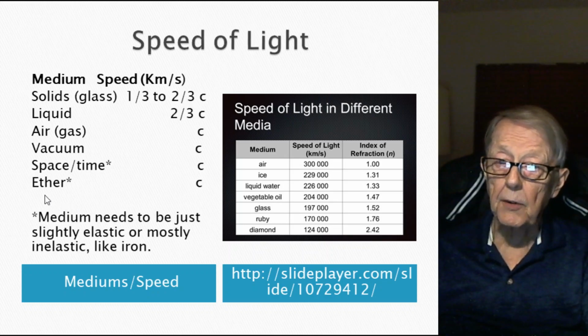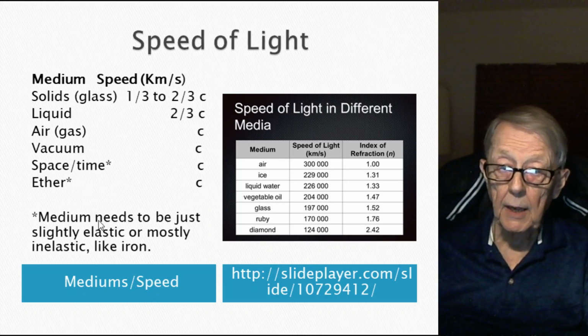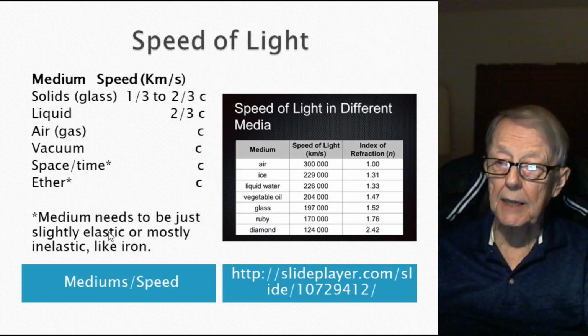Ether, many etherists propose that there is something in space, and it's not just open space, there's something there, a medium, and they propose a way for light to propagate through ether at speed c. Well, the medium needs to be just slightly elastic, or mostly inelastic, like iron.